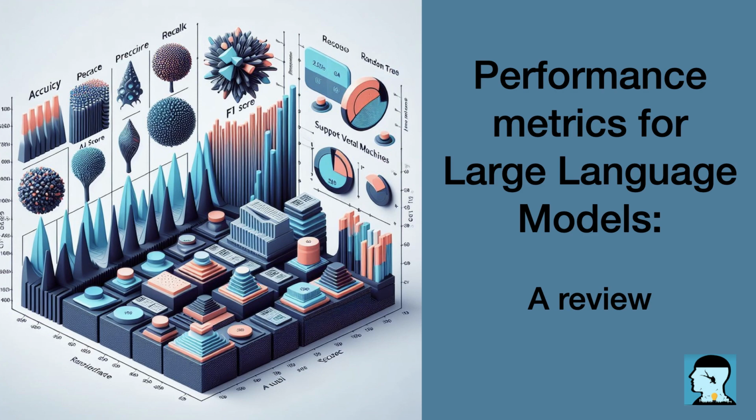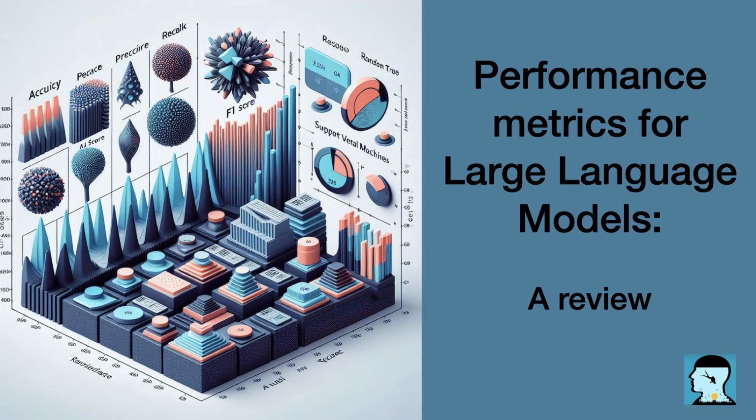Selecting the right performance metric is crucial for evaluating large language models, LLMs, because different metrics focus on different aspects of the model's performance. Imagine you have a toolbox with different tools like a hammer, a screwdriver, and a wrench. Each tool is designed for a specific task, just like how each performance metric is designed to measure a specific aspect of an LLM's capabilities.